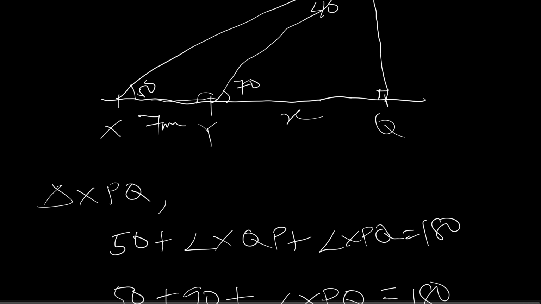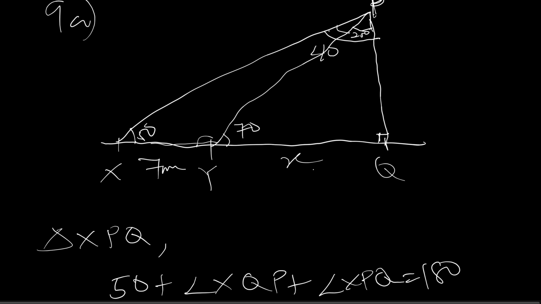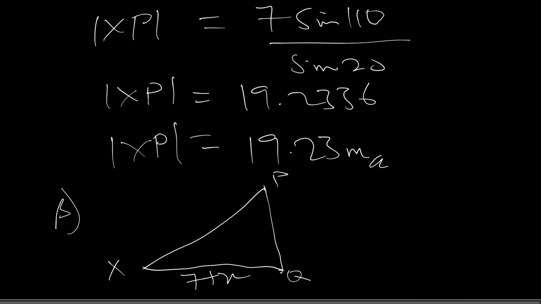So the whole of this is 7 plus x. And the angle here should be 40. So we have our 40 here, then our 50 here, and this angle is 90 degrees. And then XP is 19.2336.